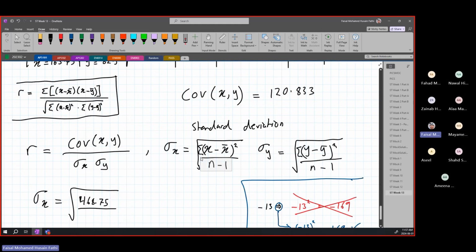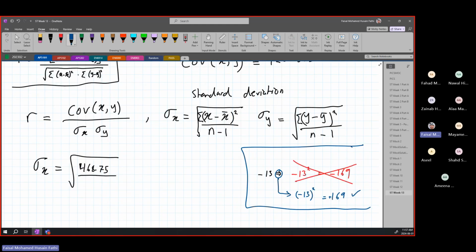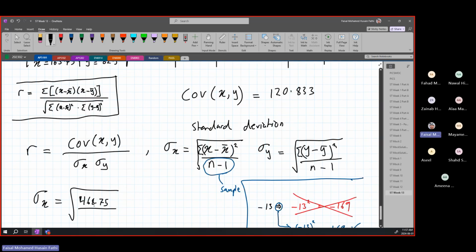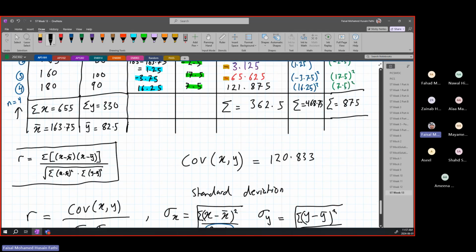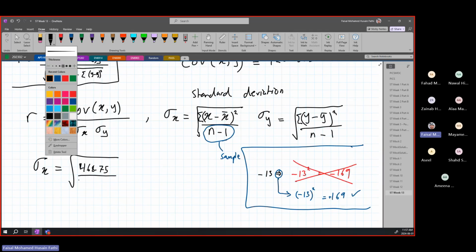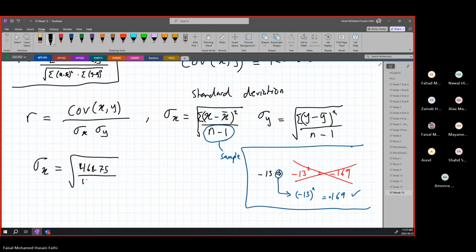Again, this is for sample. Remember, we're just talking about sample. If it was population, it would be just n, right? Our n value was 4, so n minus 1 is 3. So just 4 minus 1.